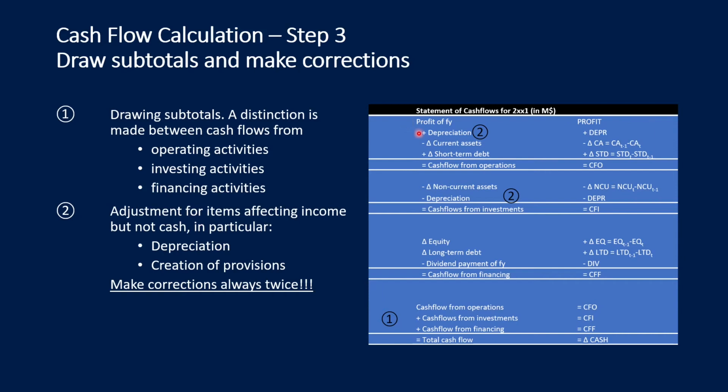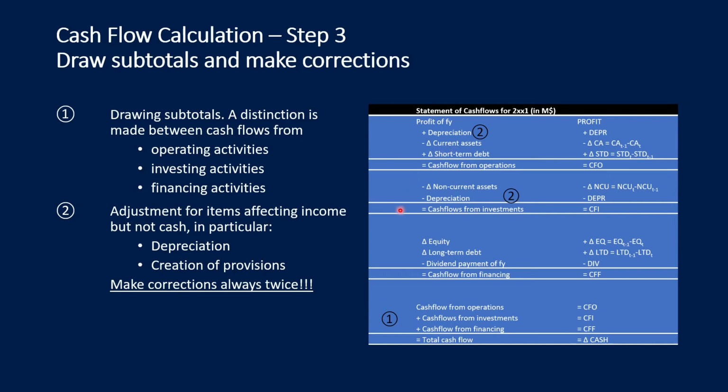Let's go into the depreciation line later on, and the change of current assets, and the change of short-term debt, or current liabilities. So what we see in these two lines here is the working capital. And of course, the working capital is very much operative. So profit and change in operative assets and operative liabilities.